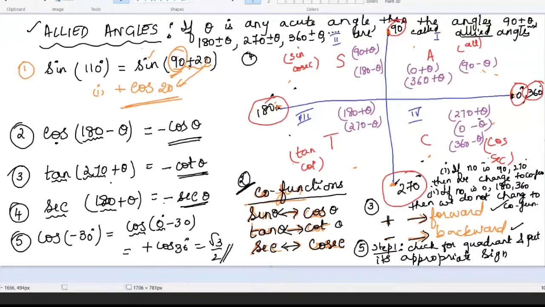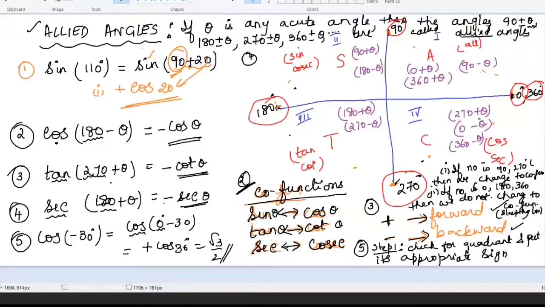This is only for you to remember, it's not in the textbook, just a trick of mine. If 90 or 270, we change to cofunction, that is the standing line. If 0, 180, 360, we do not change to cofunction, in brackets write sleeping line.